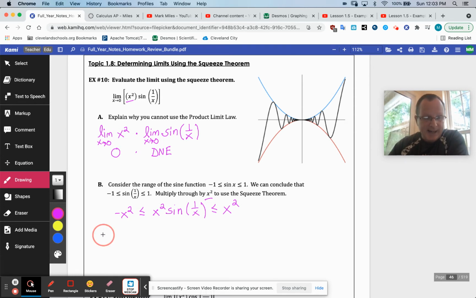So we're going to say the limit as x approaches zero of negative x squared is equal to the limit as x approaches zero of positive x squared.